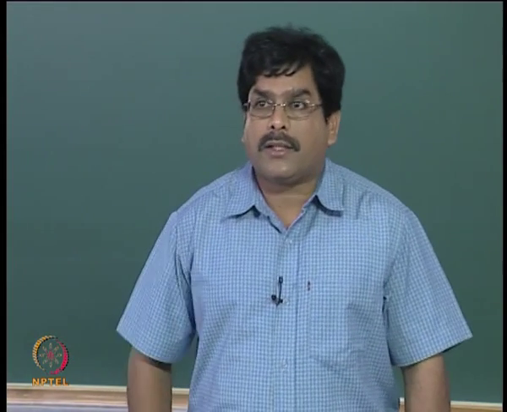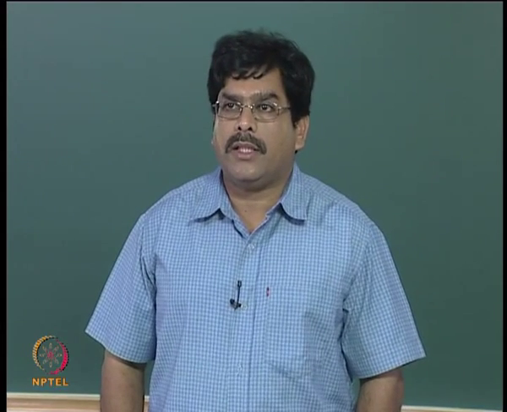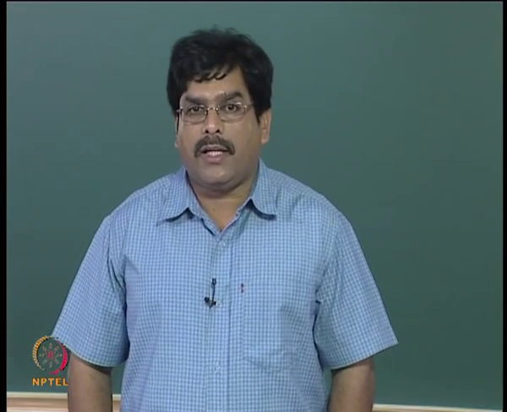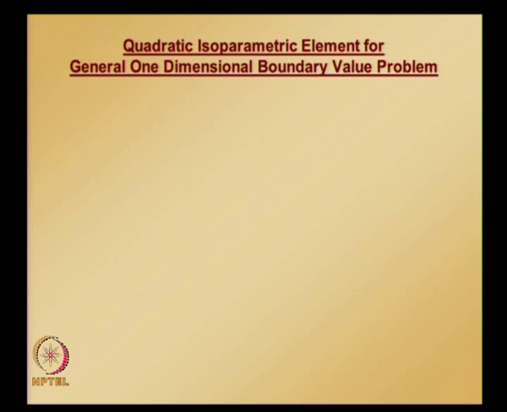And in today's class we will continue. What we will be doing in today's class is deriving element equations using a quadratic element for a general one dimensional boundary value problem, which we already did earlier using a 2 node linear element.